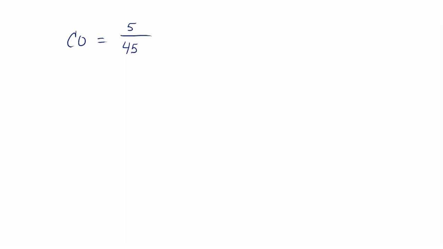And this would give us, in terms of milligram liters per second, and we want to convert this in terms of milligram liters per minute. So we'll multiply that by 60, and that gives us approximately 6.7 milligram liters per second.